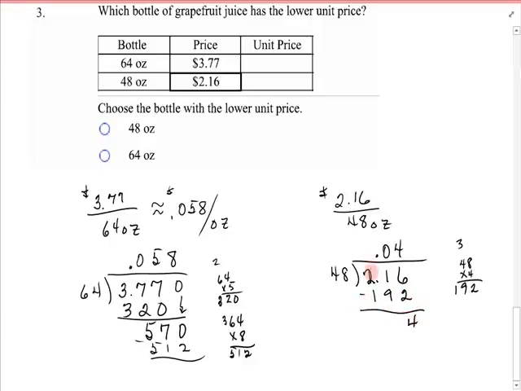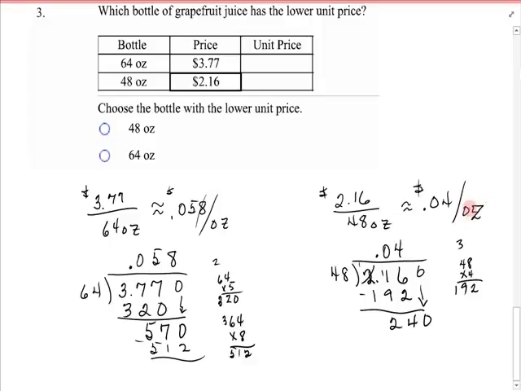Subtract 4, borrow. And, you know, I really don't even need to continue because look over here. This was a little more than 5 cents. This one's going to be more than 4 cents. So I don't even have to look at this 8. This is approximately 0.04. There would be another number, that's money per ounce.